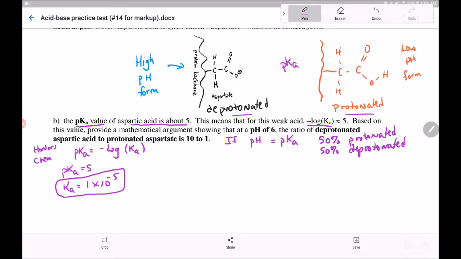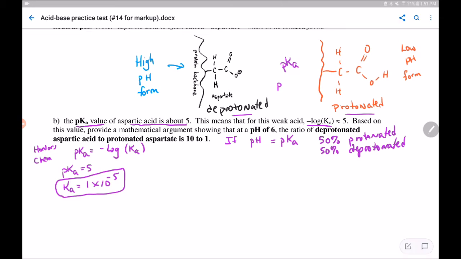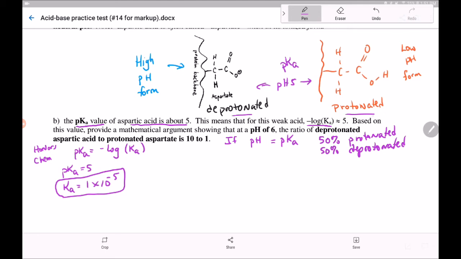If pH equals pKa. So at pH 5, there'll be an equal concentration of protonated and deprotonated forms of this aspartic acid. We'll have both forms in equal molarity.